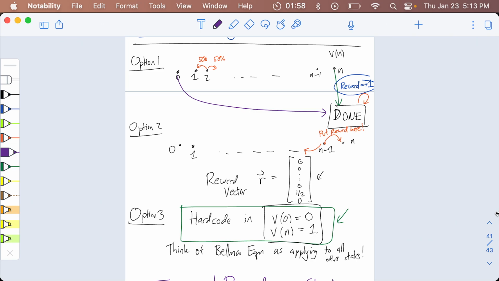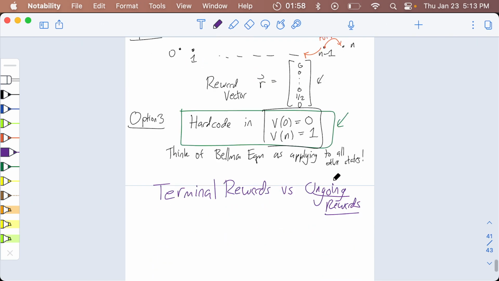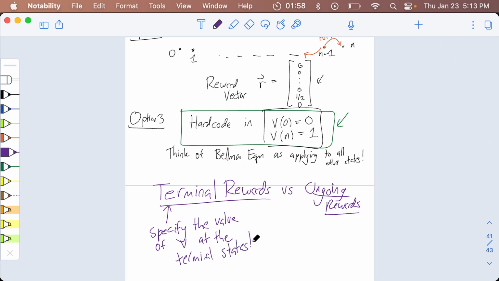But I'm not going to do it that way. So a terminal reward is really just specifying the value of v at the terminal states. And in this case, I want to specify them like this.